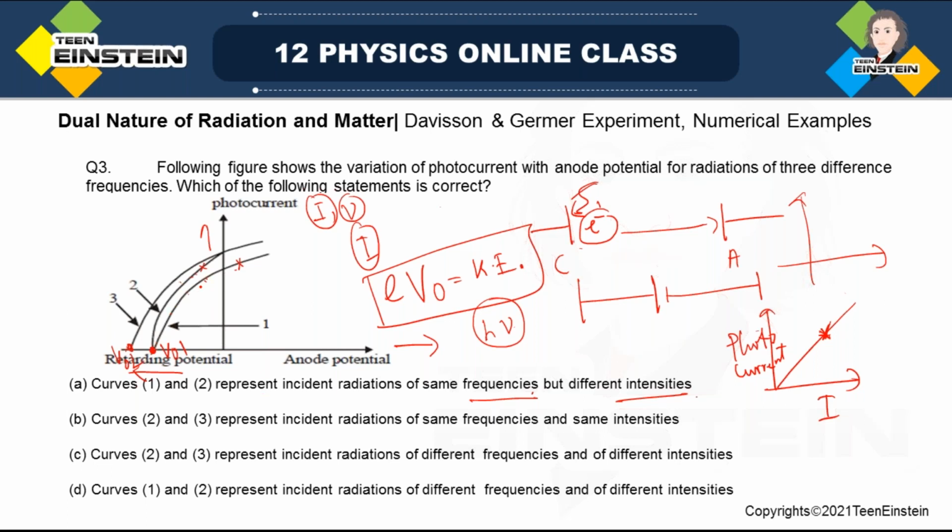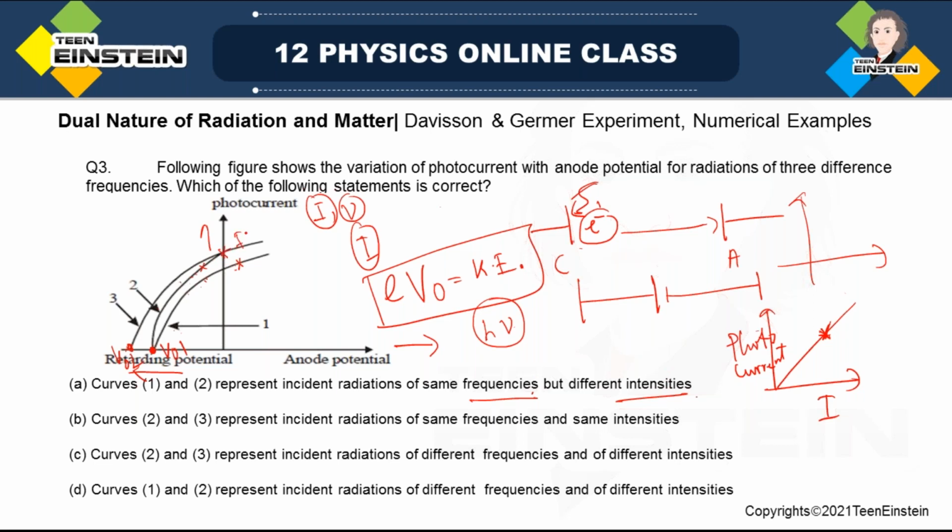So since curves 1 and 2 have the same stopping potential, that means they have the same frequencies but different intensity, because they have different photocurrents.